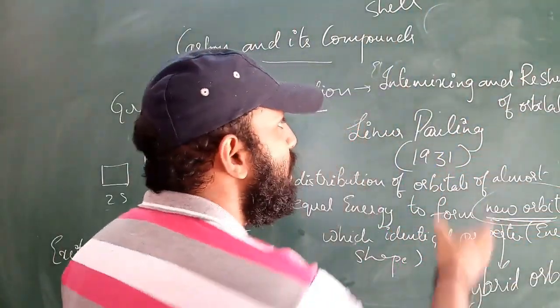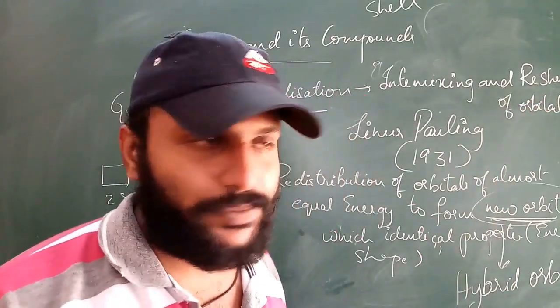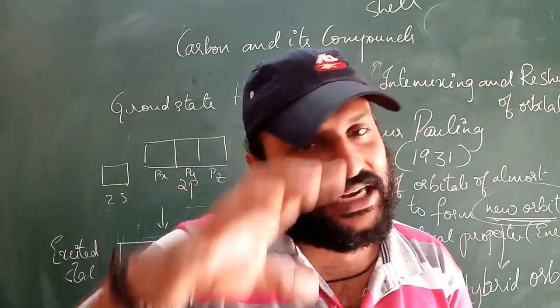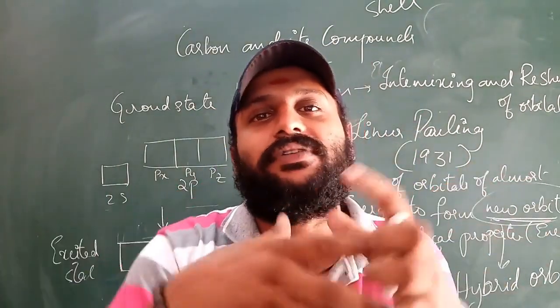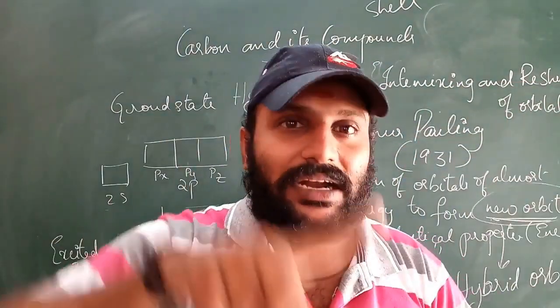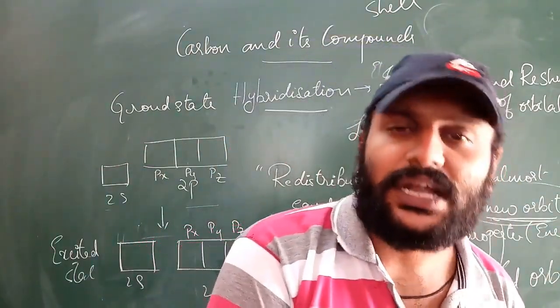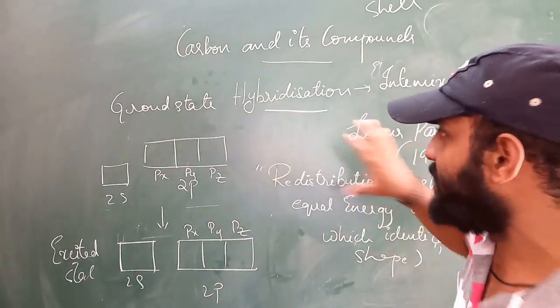That is the reason reshuffling of orbitals takes place. Understood what intermixing and reshuffling means? First it will redistribute, meaning intermix the orbitals, and it will reshuffle such that all the electrons will be at a distance such that repulsion will not take place. That is called hybridization.